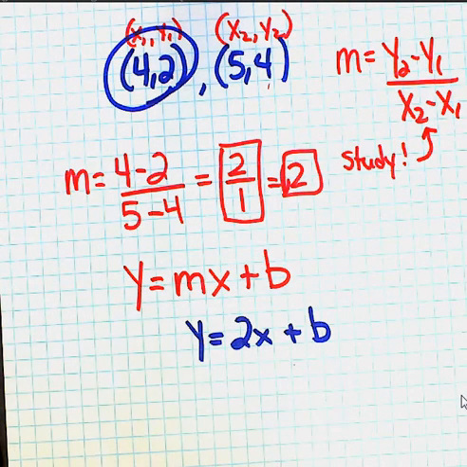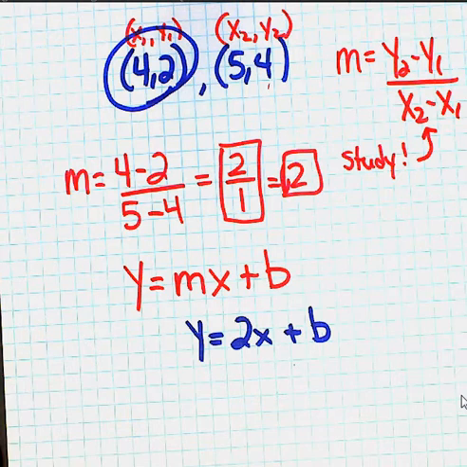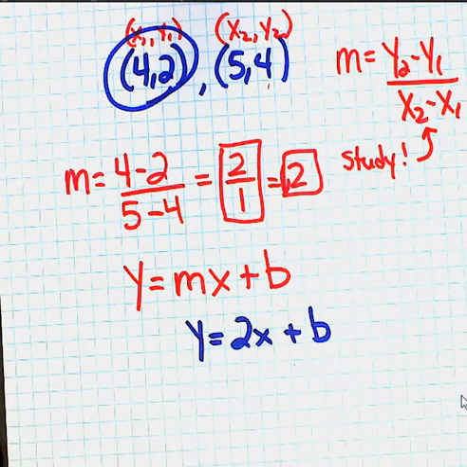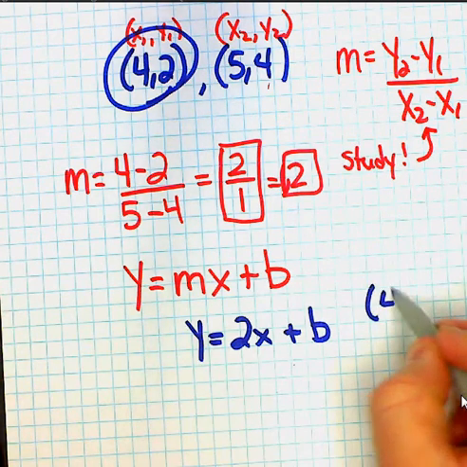The 4 in that point refers to which? Guys, the 4 in the point refers to which variable? X or Y? The 4 in the first point. X. The 2 refers to what? The Y. So I'm going to use the point (4, 2), and watch what happens.